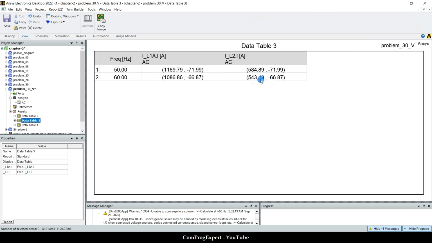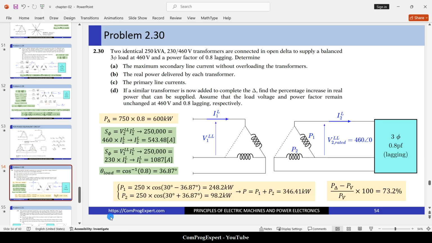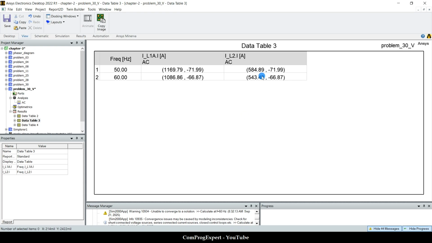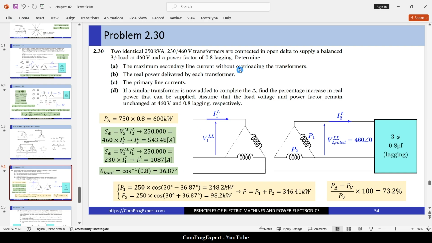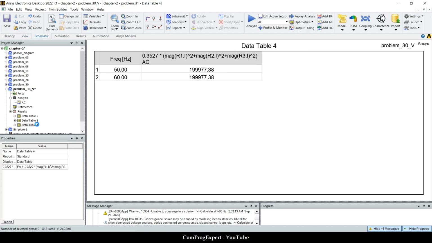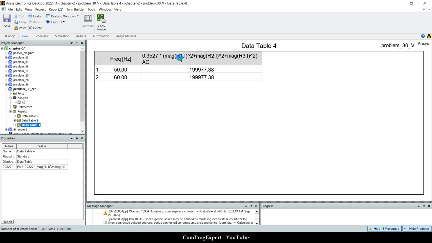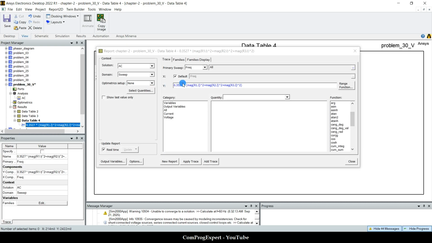In this case, the value of the line current is 543. Yes, we did the calculations correctly. And now this current is equal to the rated one. We didn't overload the transformer. Here is the amount of the active power. I need to modify this equation, right?